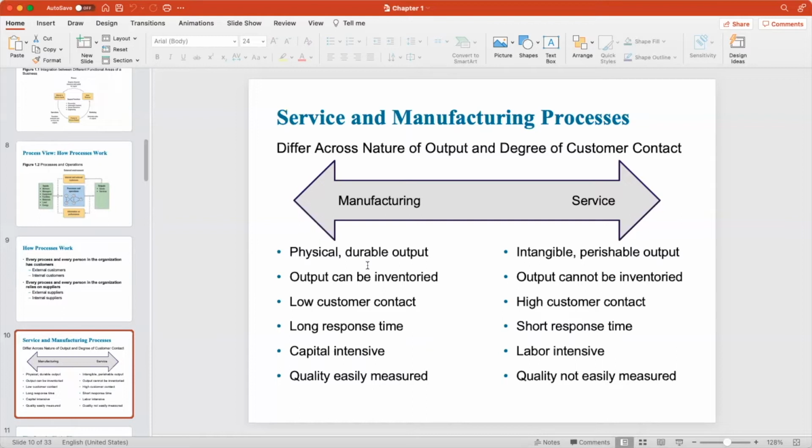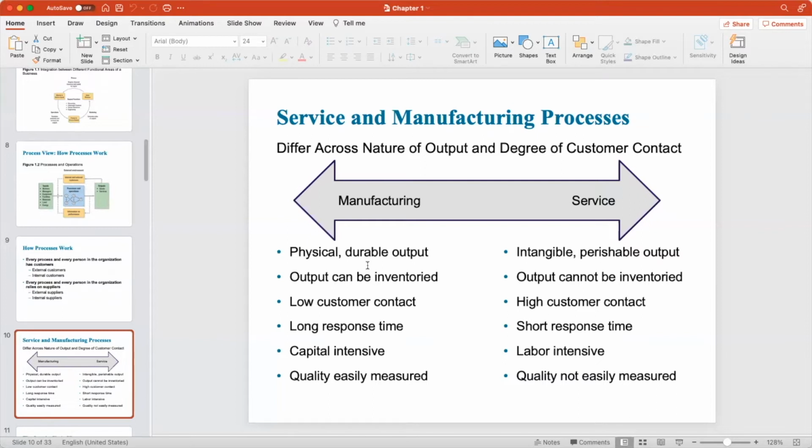On the other hand, for the service process, normally the output is intangible, because you're providing a service. Normally the output itself cannot be inventoried, because this is real-time service. And since this is related to service, customer contact is more necessary and more important throughout the whole process.